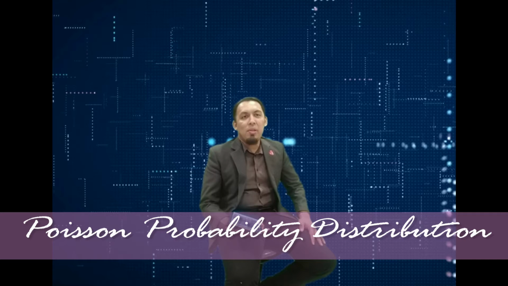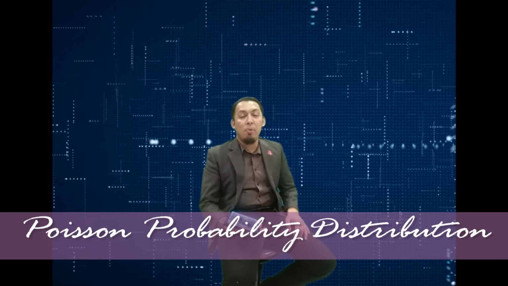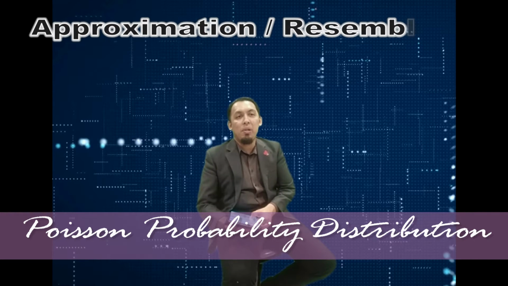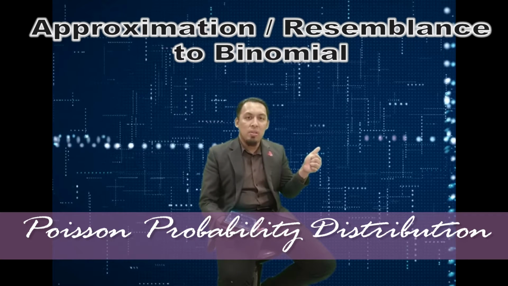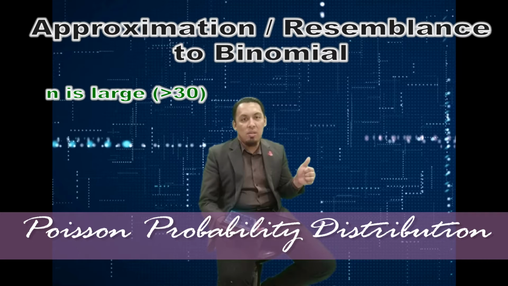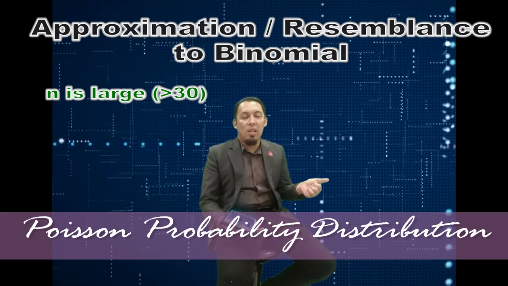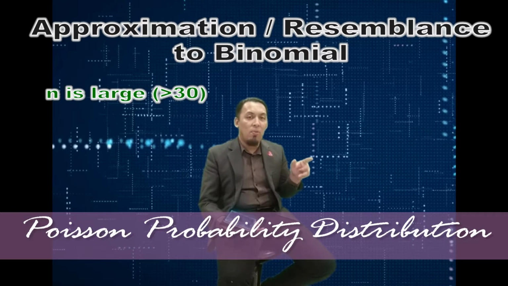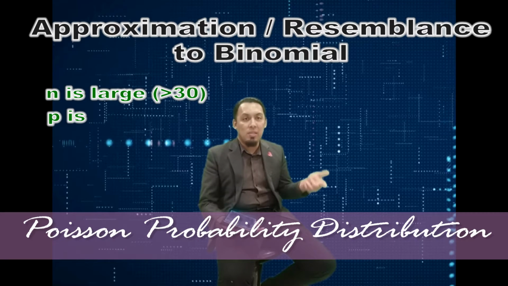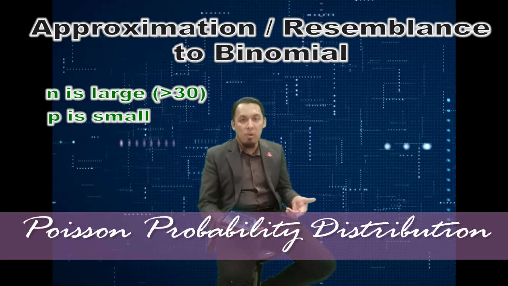The Poisson probability distribution can be used as an approximation of binomial probability distribution when, first, n is large. By large, I'm saying that it is 30 or more, and the value of p, or the probability of success in binomial, is small.